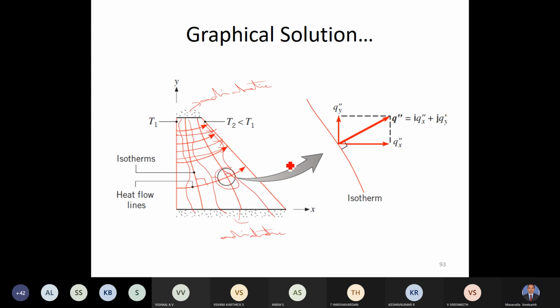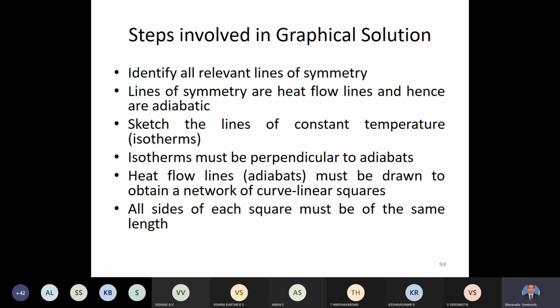This region is shown here. This is the heat flux line, this is the isotherm, and this is a right angle. So this condition has to be satisfied whenever you construct the flux plot. And remember, flux plots are manually drawn plots. So you must keep this in mind.